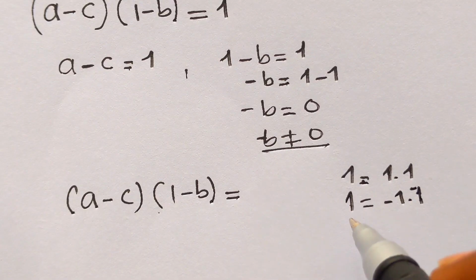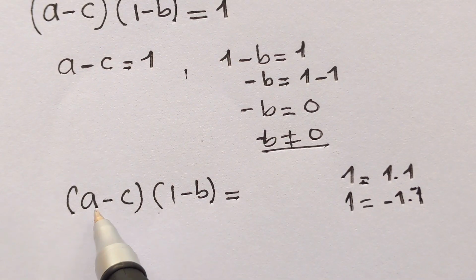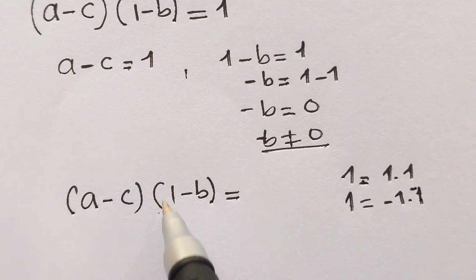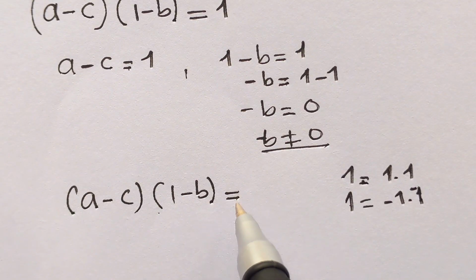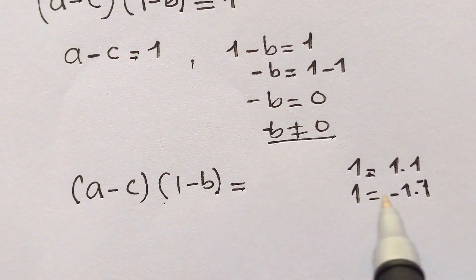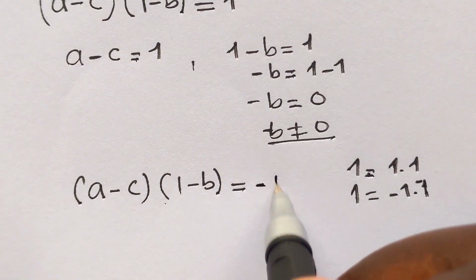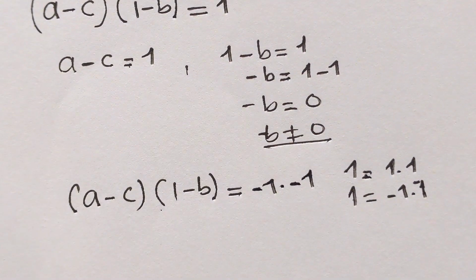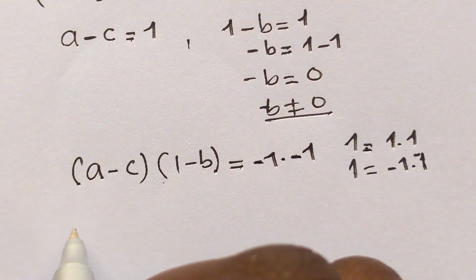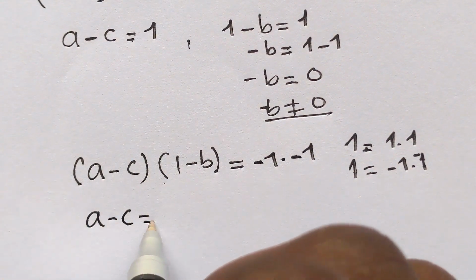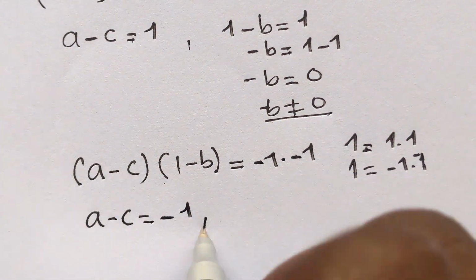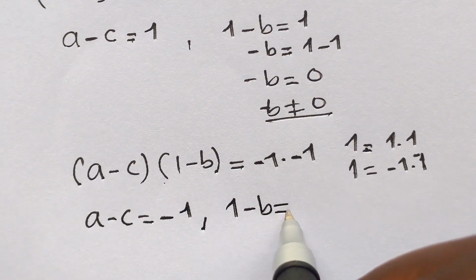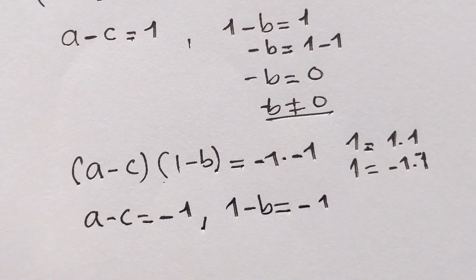So a minus c will be negative 1, and 1 minus b will be negative 1.